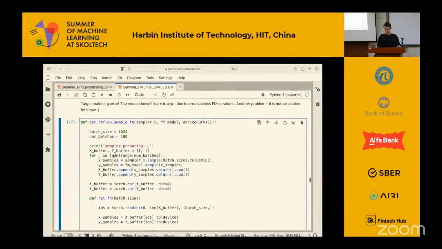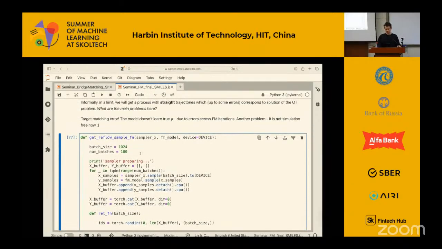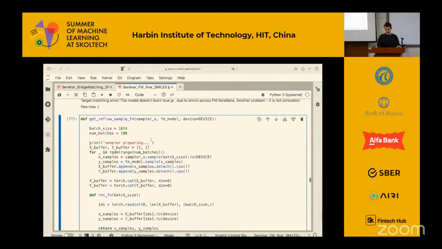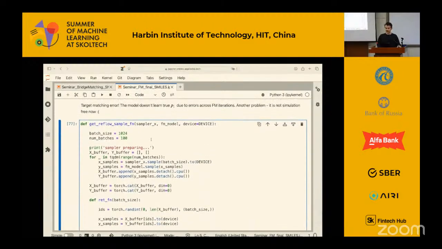So okay, let's implement it. This is actually a big problem in practice, because if you train big models at industrial scale, then the inference of your models is way costly and takes a lot of compute.